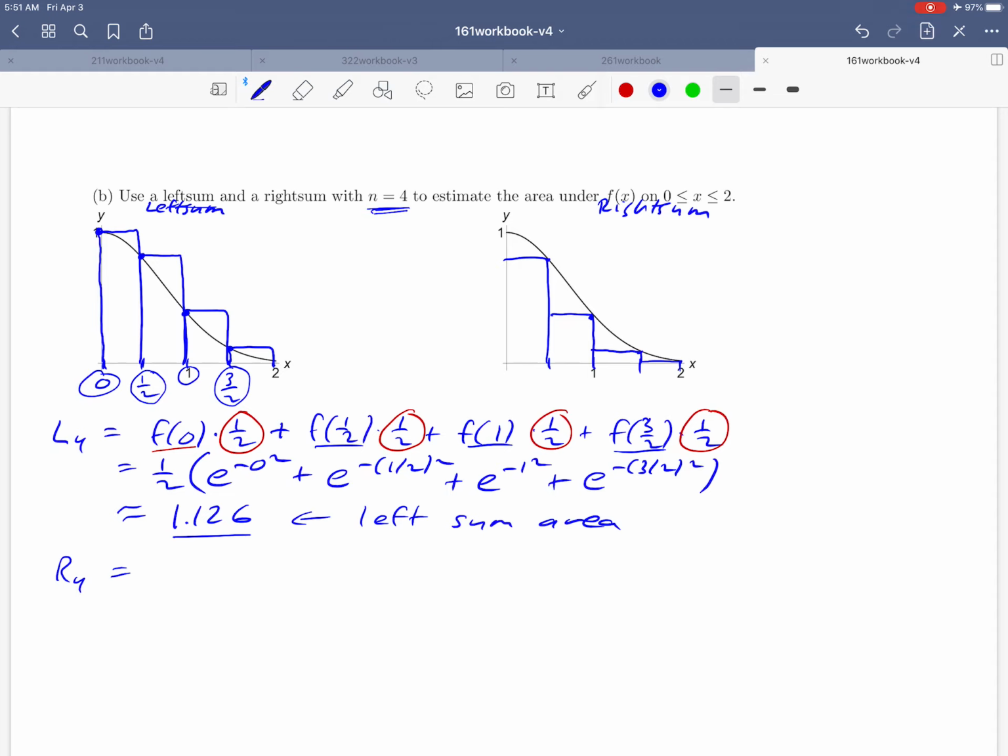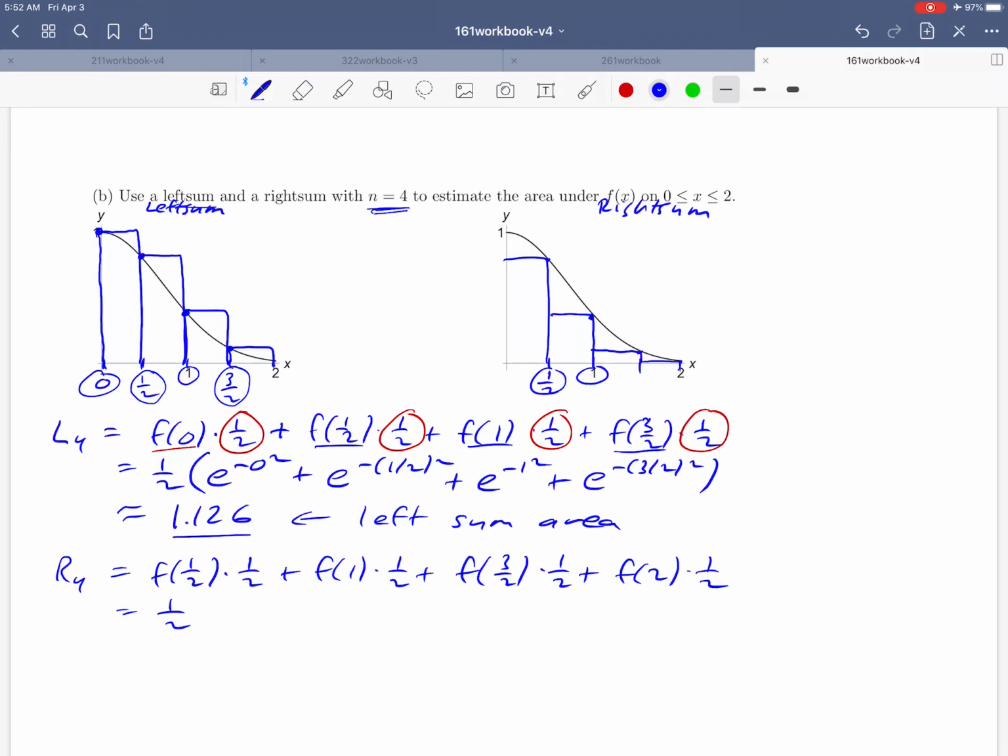Our first right-hand endpoint is right here at 1/2, so we'll plug that in. The width is still 1/2. The next right-hand endpoint is 1, and then 3/2, and finally 2.